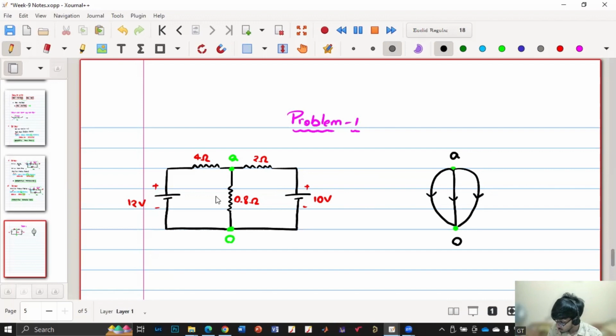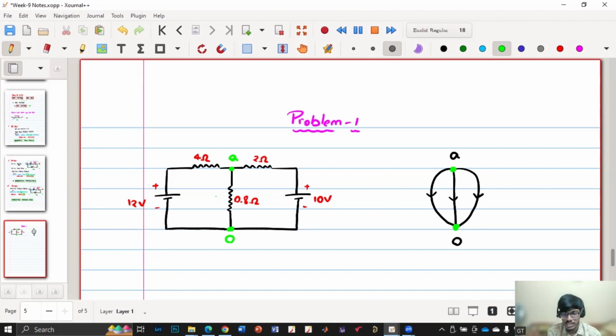From the question, you know that current will flow like this, like this, like this. But let us assume that we do not know the currents and we have assumed everything in the bottom direction, and we will see whether we are getting the correct result or not, because every time we need not know the direction of the current. So here we are considering we do not know and everything is in the down direction, and we'll see.